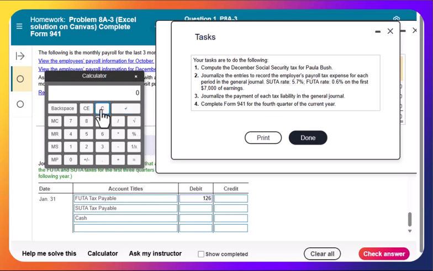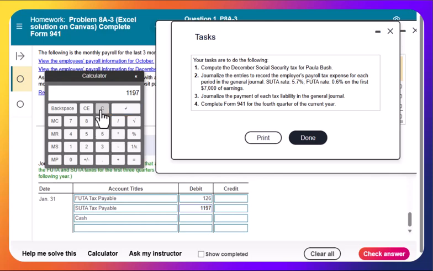And then we can go ahead, and since that wage base here for all 3 together is 21,000, we can go ahead and enter that in and multiply that by the 5.7%. And that's going to be 1,197. So go ahead and click in the cell to debit that payable so we can pay it.